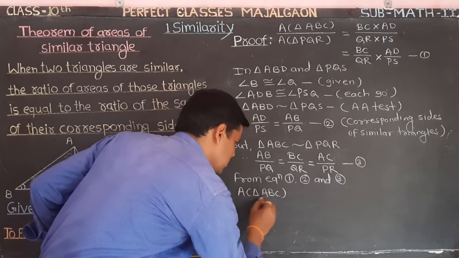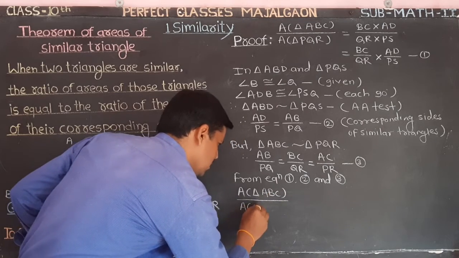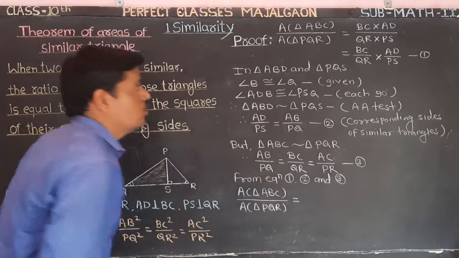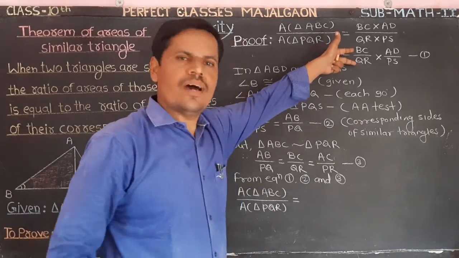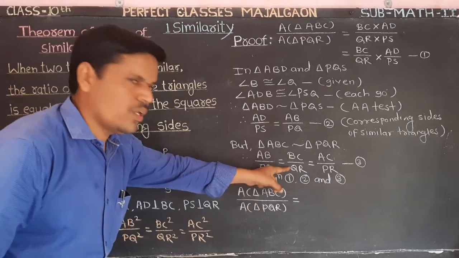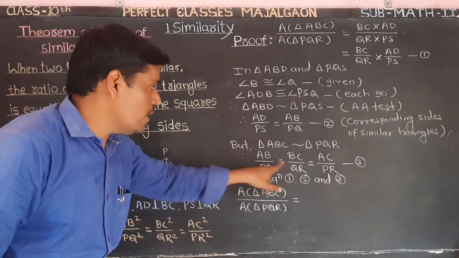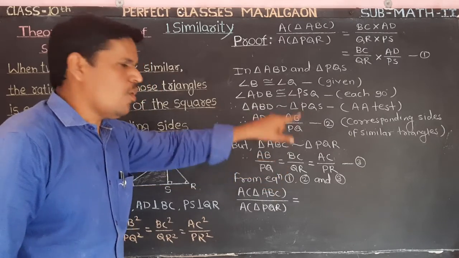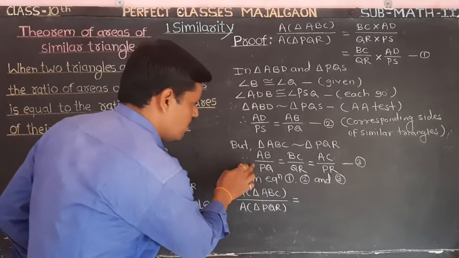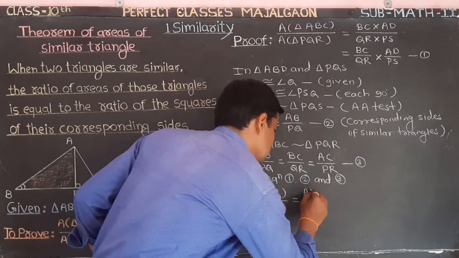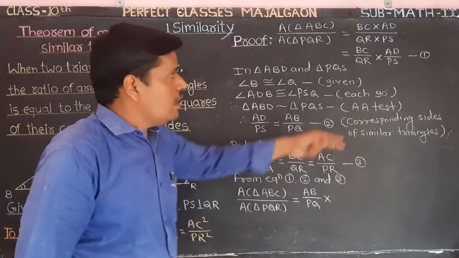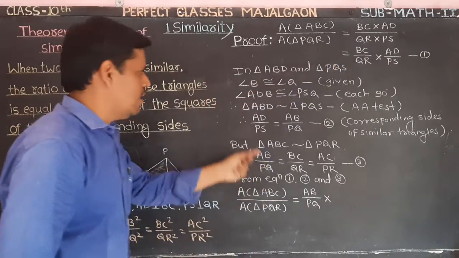ABC upon area of triangle PQR is equal to, here BC upon QR. These two ratios are the same. Therefore, in place of BC upon QR, we will substitute AB upon PQ, into here AD upon PS, and here also AD upon PS.